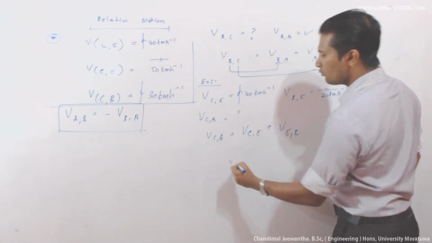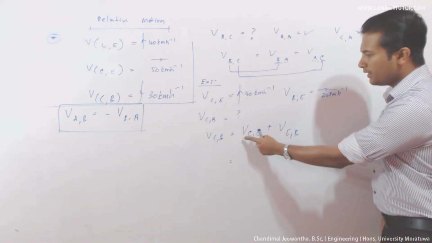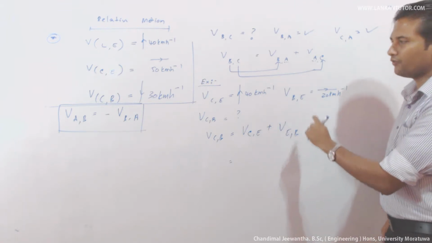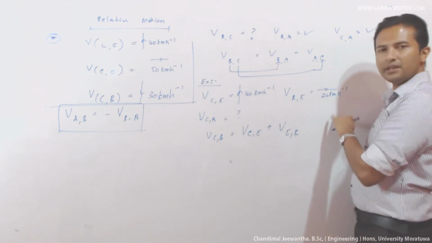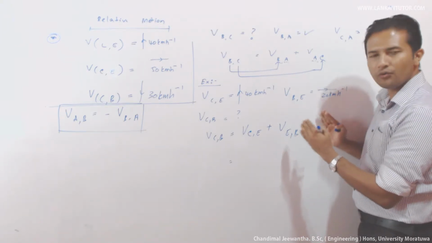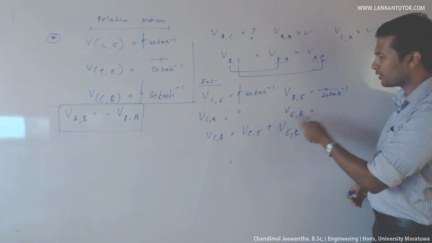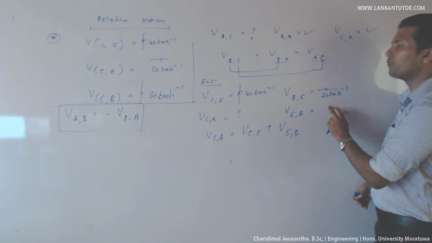Then check whether VCE is given or not. That is given, 40 towards north. VBE is given. That's okay, but we are looking for VEB. In order to find VEB, take the opposite direction of VBE.